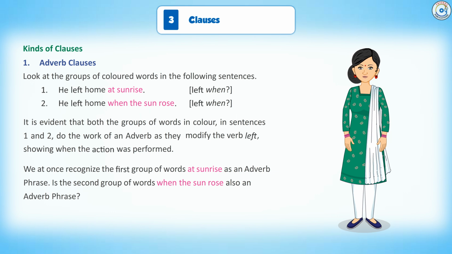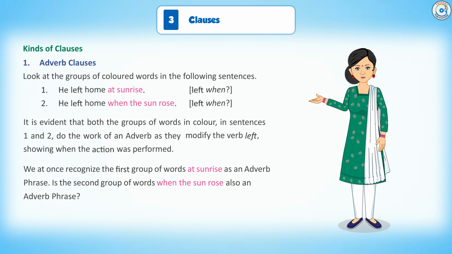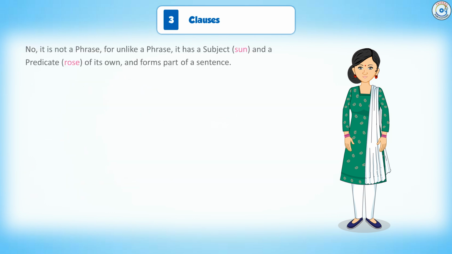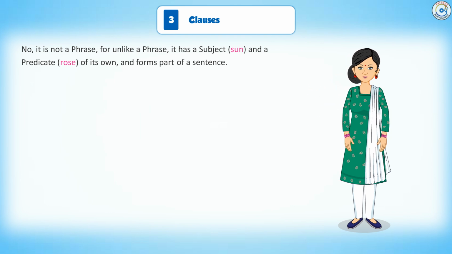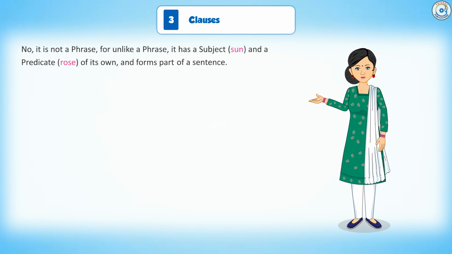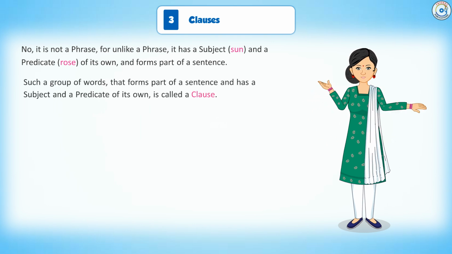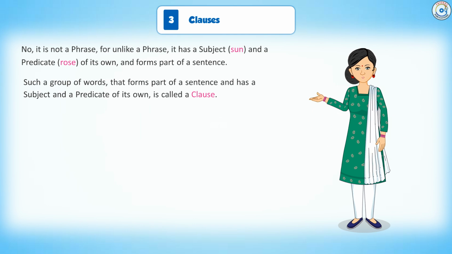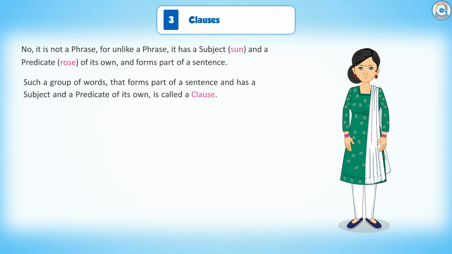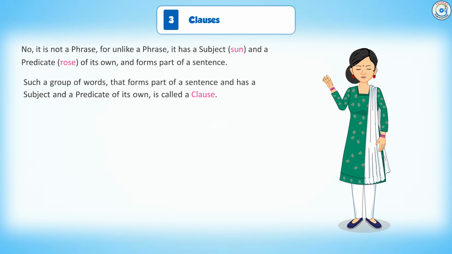Is the second group of words, when the sun rose, also an adverb phrase? No, it is not a phrase. For unlike a phrase, it has a subject, sun, and a predicate, rose, of its own, and forms part of a sentence. Such a group of words that forms part of a sentence and has a subject and a predicate of its own is called a clause.